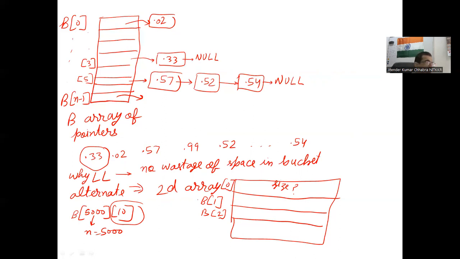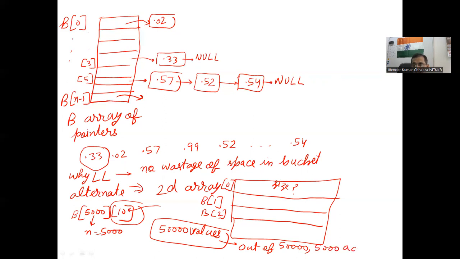Some of them will get even 0 values. So normally there are 5,000 values, but we allocated space for 50,000 values. 10 times more space was allocated because we assume the maximum 10 values in each bucket, but you don't know. Ideally, out of 50,000, only 5,000 will be actually used. So there is too much wastage if I go for the 2D array.